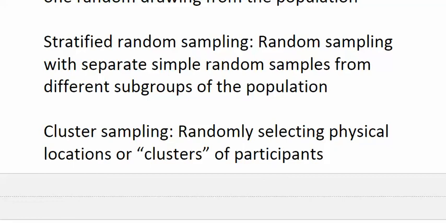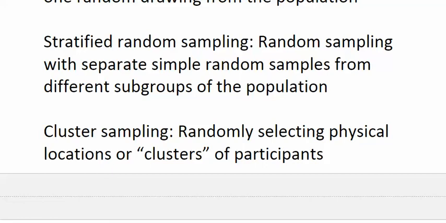The buildings on a college campus are also clusters. So imagine you wanted to give a survey out to San Jose State students, and what you did was you wrote the name of each building on a piece of paper. So you write Tower Hall on one piece of paper, you write DMH on another piece of paper, you put HGH on another piece of paper, Duncan Hall on another piece, then you put all of those names of the buildings in a hat.